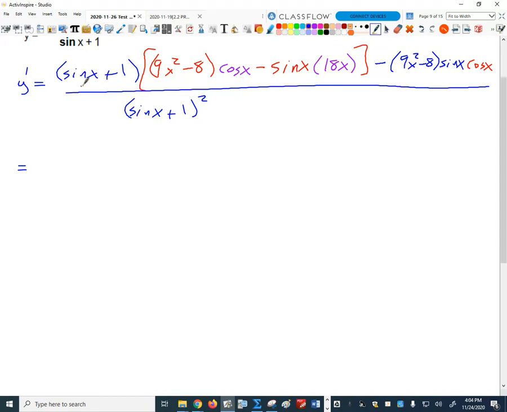Let's distribute the quantity sine x plus 1 to both parts of this, and let's leave it as one factor on the top, and you'll see why here. So when we do that, I'll try to color code this a little bit. We've got our 9x squared minus 8 cosine x times sine x plus 1.